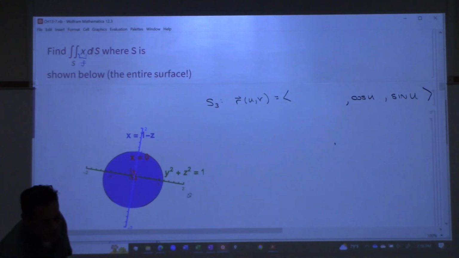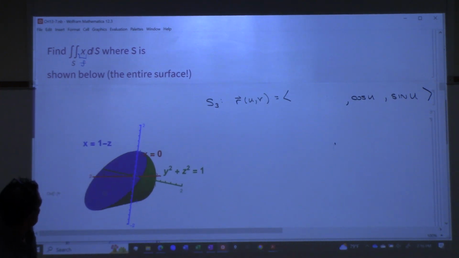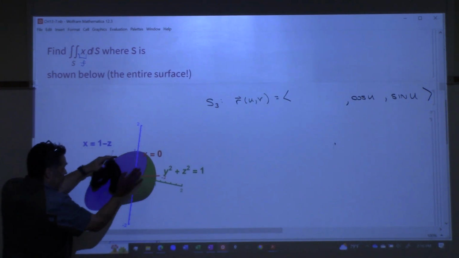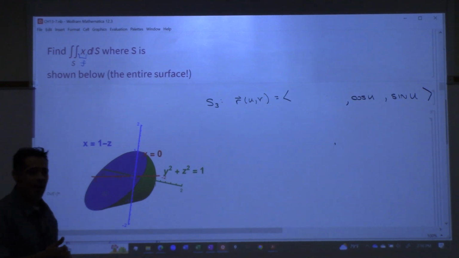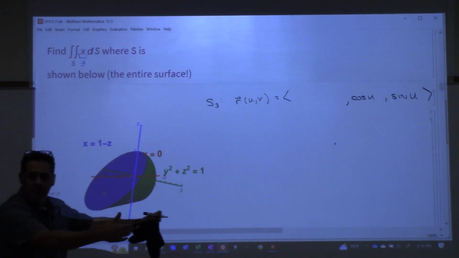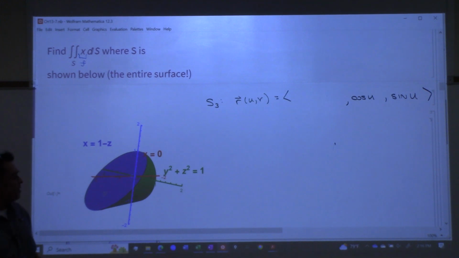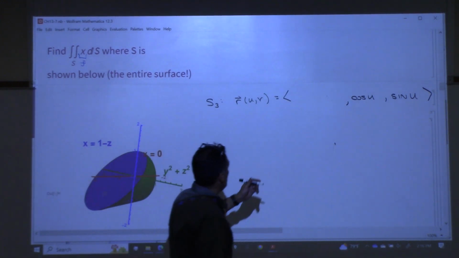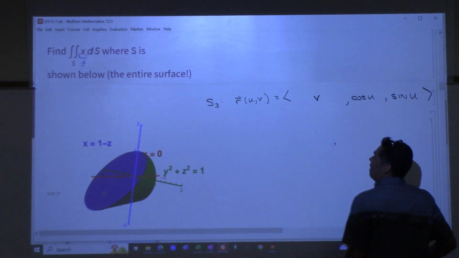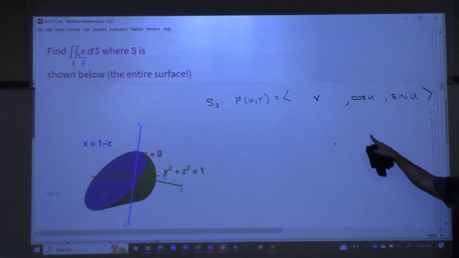Remember, the green is just the outer edge, right? So I want to be able to draw that. But at the same time, while I'm drawing that, I need to be drawing the back and forth, the green part. That's the x, right? So for the x, I'm going to call this v. And then I'm going to control it down here in the restrictions with the domain.